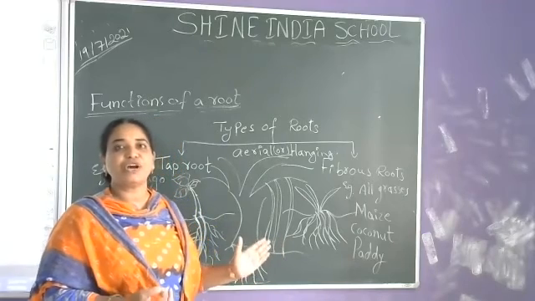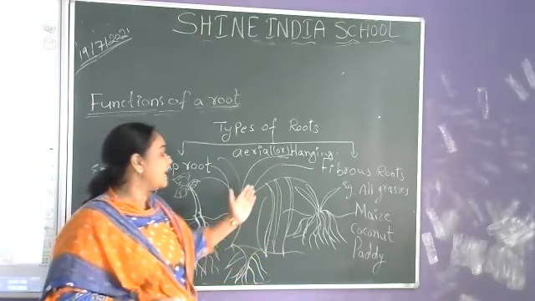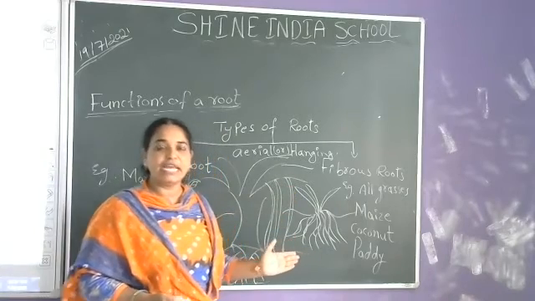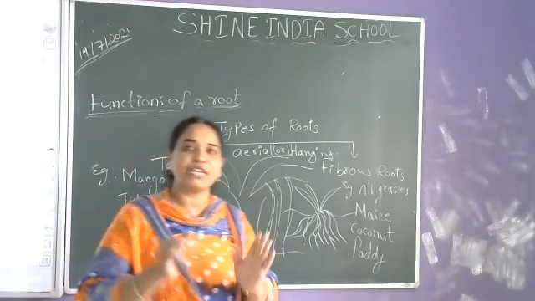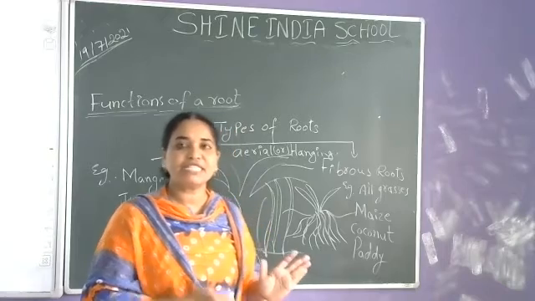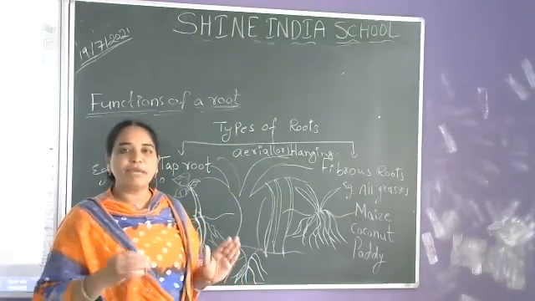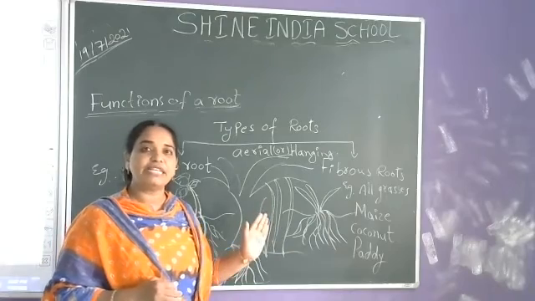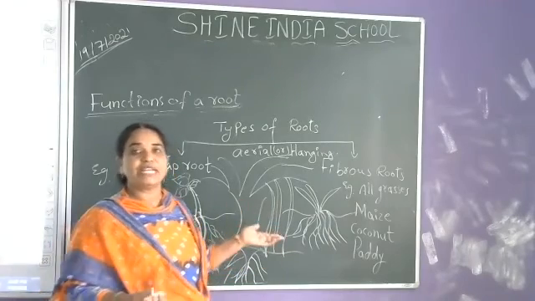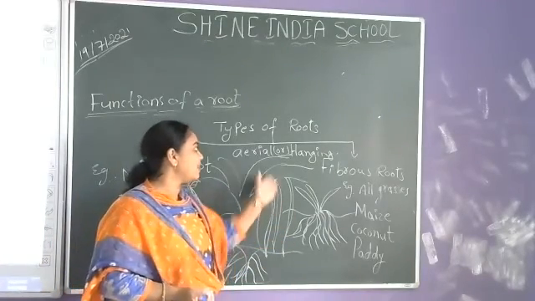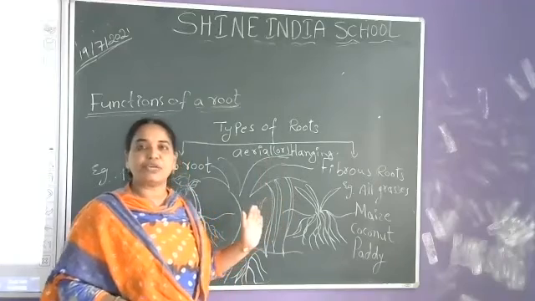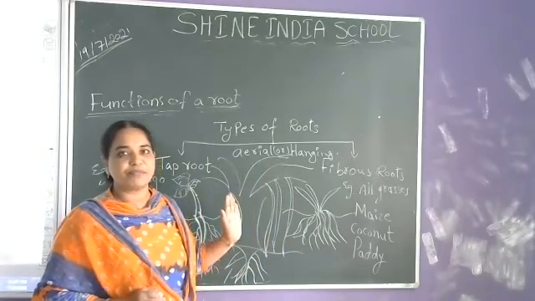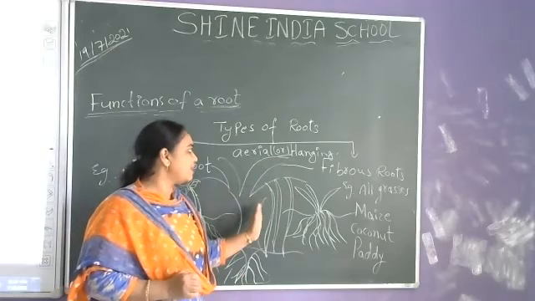The branches are very long and big, so they need support. From where do they get the support? The aerial or hanging roots of a banyan tree provide it. Are you clear about this?